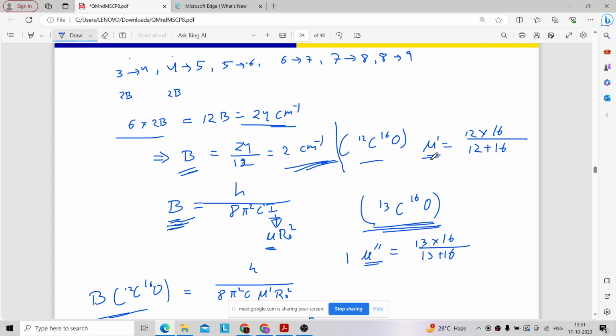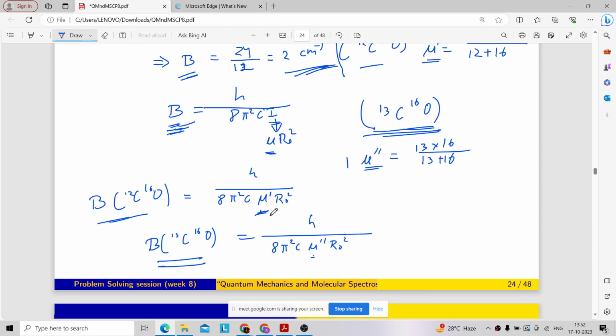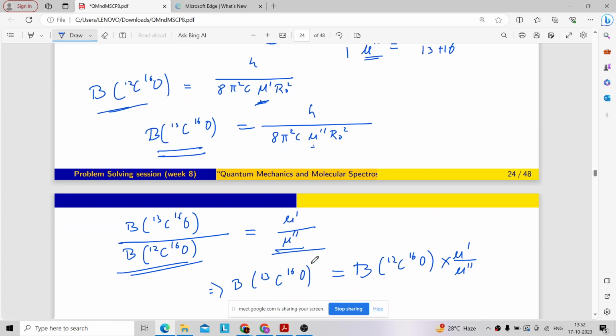So in that case, what will happen? The reduced mass is the only thing which will be different for these two molecules, right? So the reduced mass will change. We know the rotational constant in terms of reduced mass by this relation. Now if I take the ratio, we get it in terms of the reduced mass ratio.